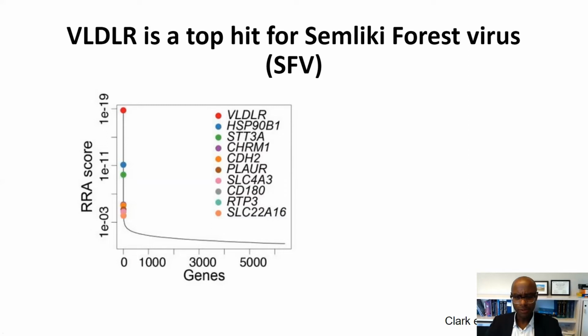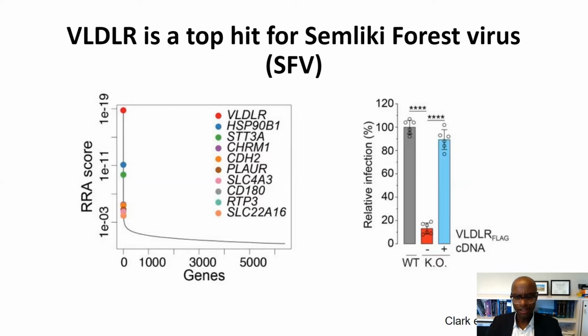And so the usual experiment we do to validate any receptor is to take wild-type cells, in this case HEK 293T cells, knock out the receptor using specific guides this time, targeting the receptor only, and then showing that rescuing expression of the receptor using cDNA encoding VLDLR could actually lead to robust entry in this case. So correcting for the defect that was seen by individual knockout of the target gene.